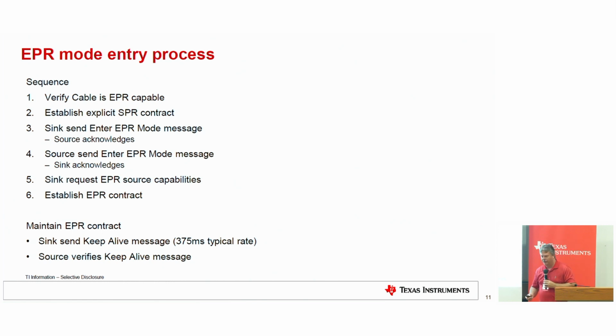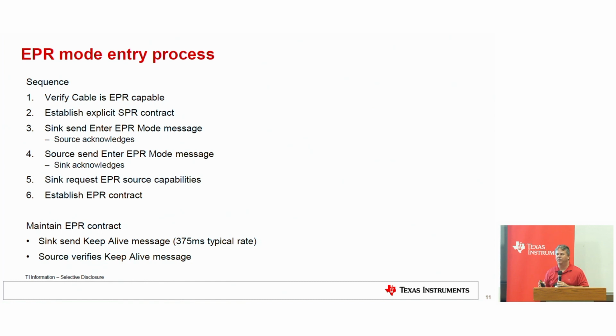So I mentioned getting into EPR, being that we're now dealing with higher voltages, higher power, there's a different entry sequence on that CC line, that communication, to get in. And I'll show you a CC log of what some of that communication looks like in the next slide.